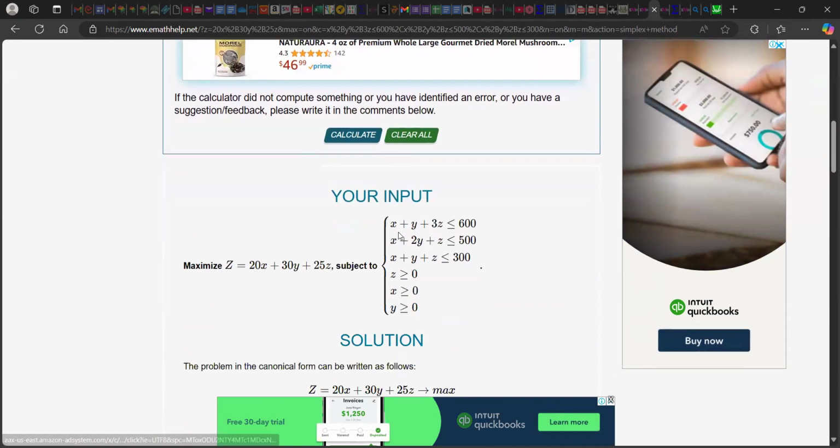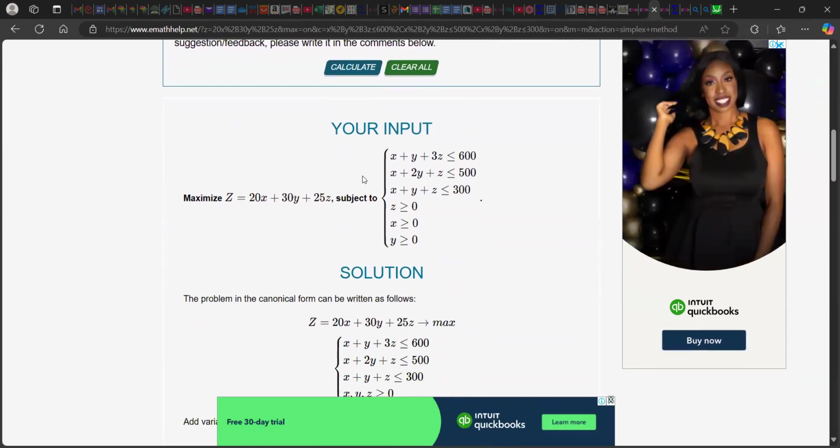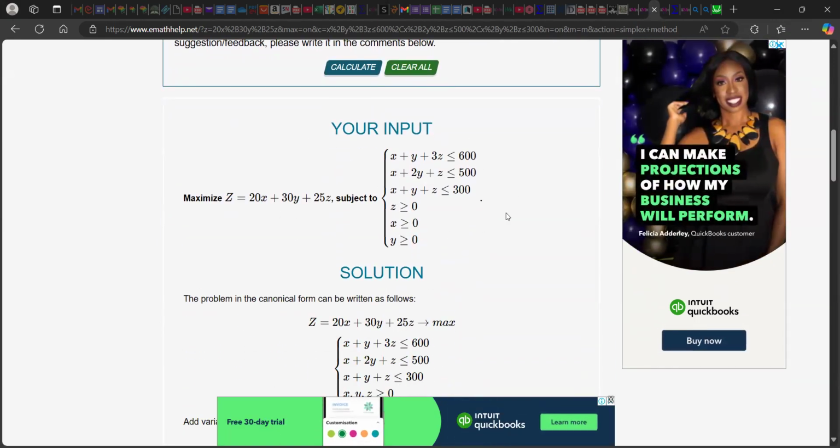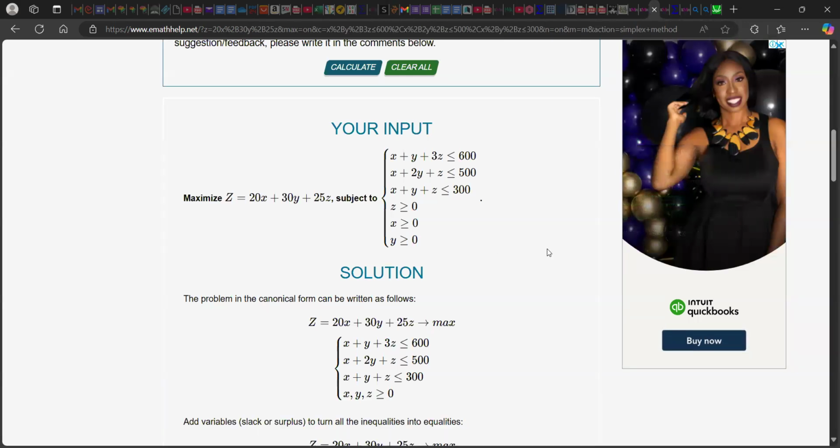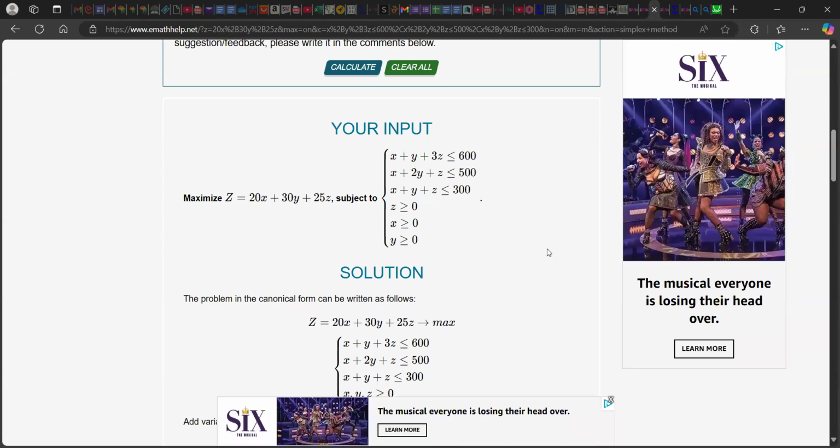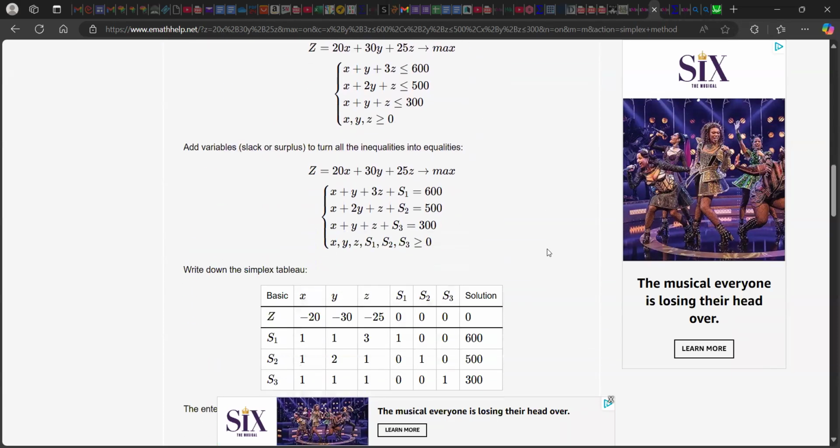So everything is there, and we calculate, right? They put it all together here. It's all here. And we're ready to use the calculator, right? So the calculator is doing its work.